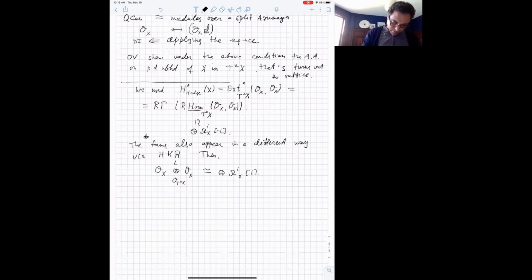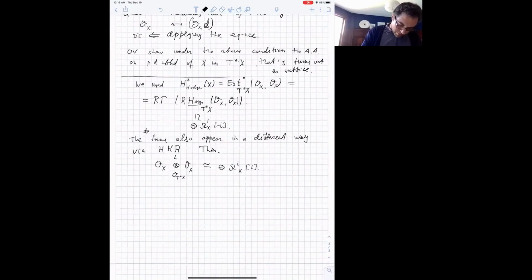And this will play a role for me. In modern terminology, people call this the small loop space.